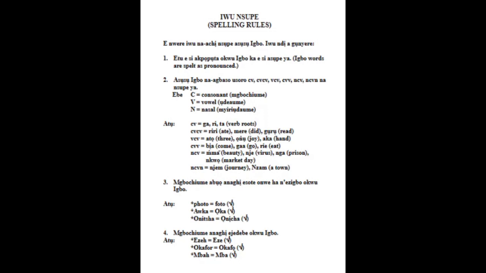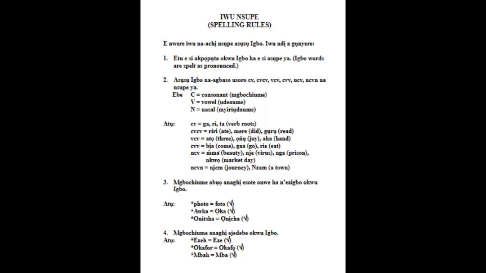So now when you look at this, you see that where you have the C, you have the consonant standing in for the C. V, you have the vowel, and it goes on and on. Where you have the N, you have the Nyirudama. I told you there are two actually, and we'll still come to that.